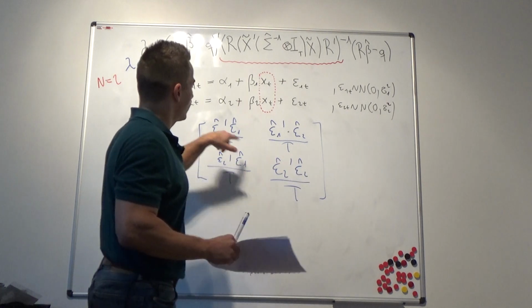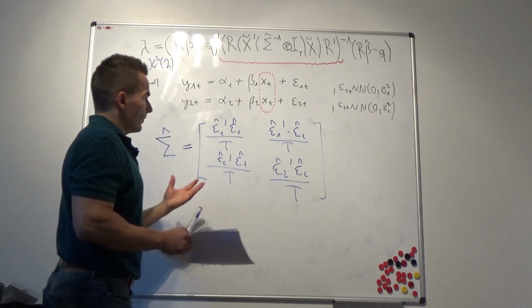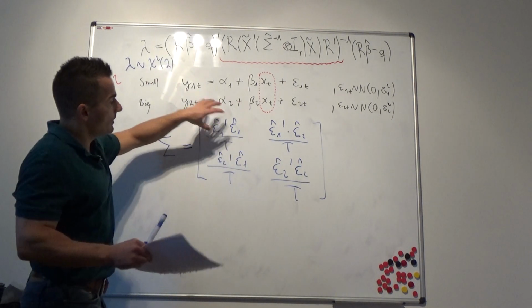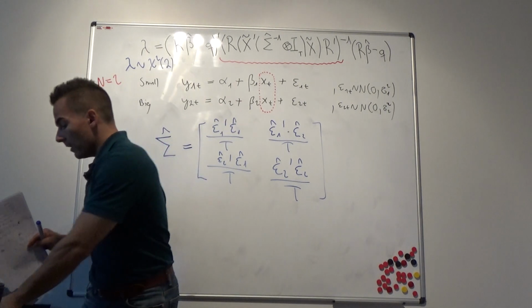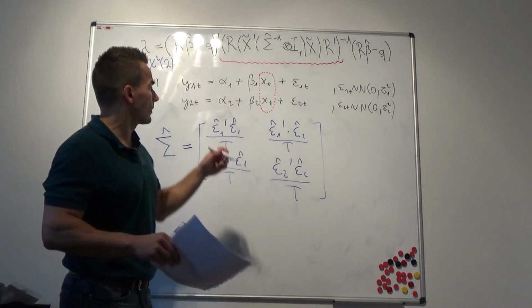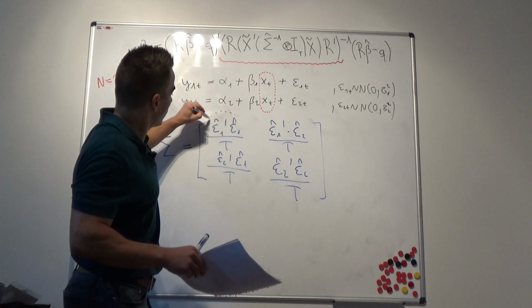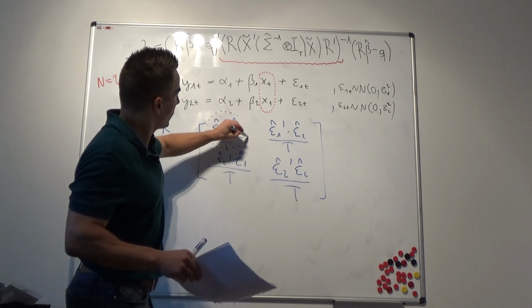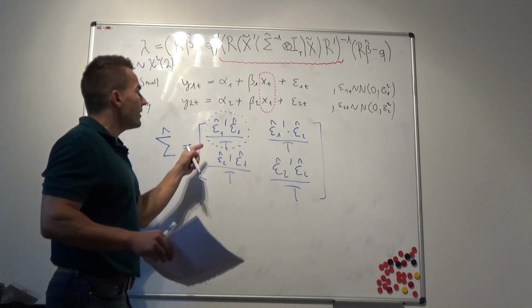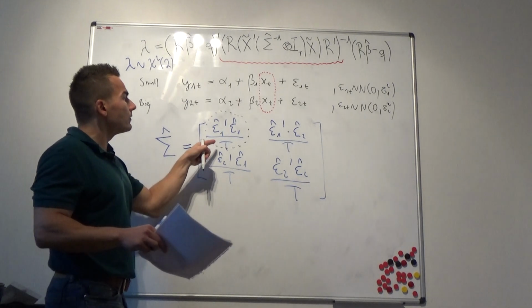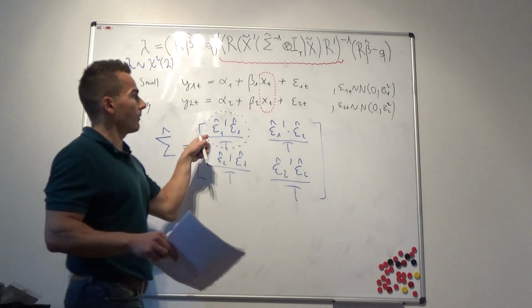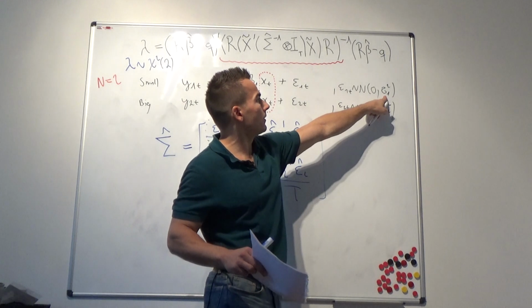Basically, what we have on the diagonal is the variance of the residuals from the first equation.